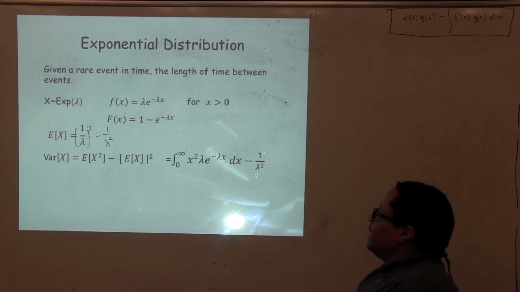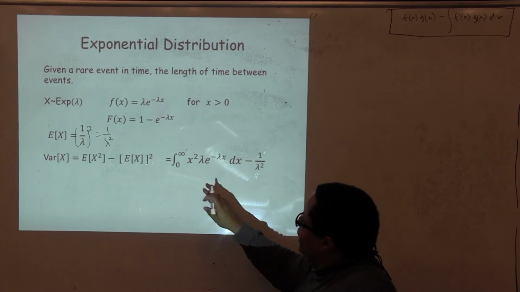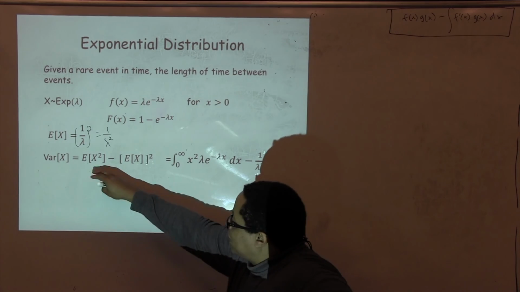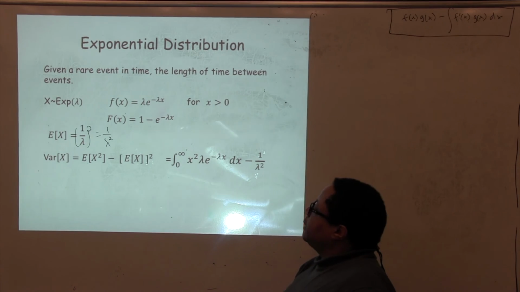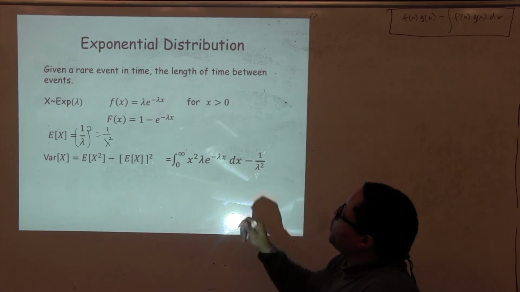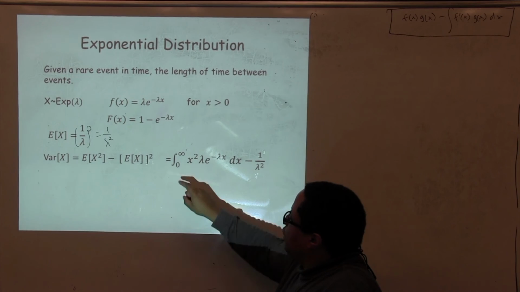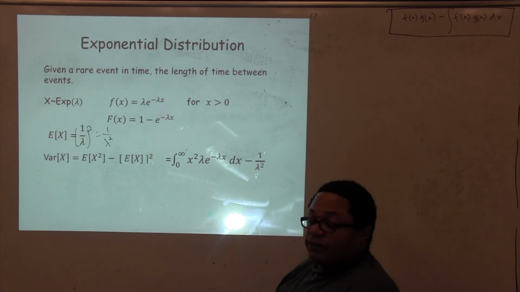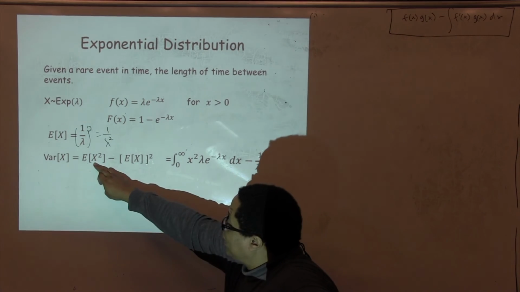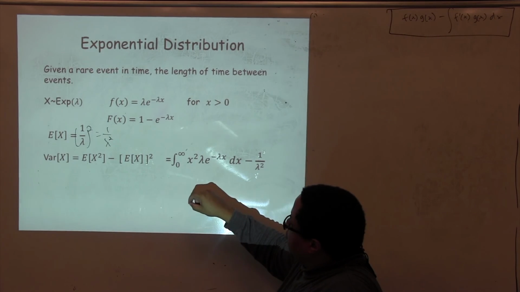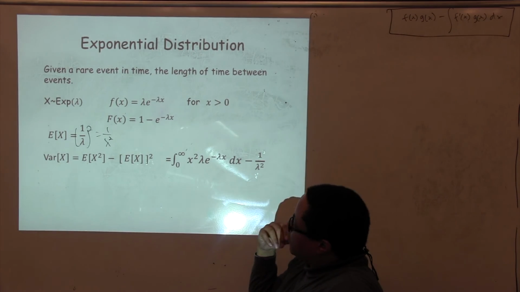So what remains now is to take the expectation of x squared. So again, it's the probabilistic average, and this is only defined for x greater than 0. So because it's for x greater than 0, we have an integral from 0 to infinity, right? And we have the value x squared times the density function.